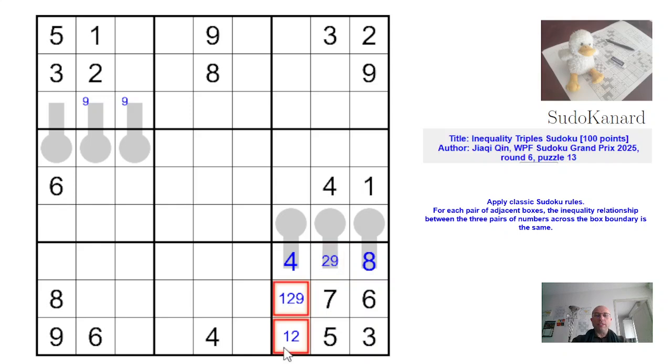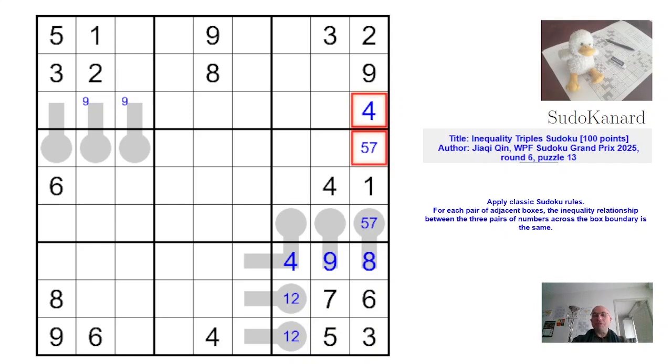So 1 is on this side, which means that on this side, the inequality is in this direction, so that now 9 can't be here, 9 will be here. And by the rules of Sudoku, this is a 4, and we're left with 5 and 7 here. That's a very, very neat start.